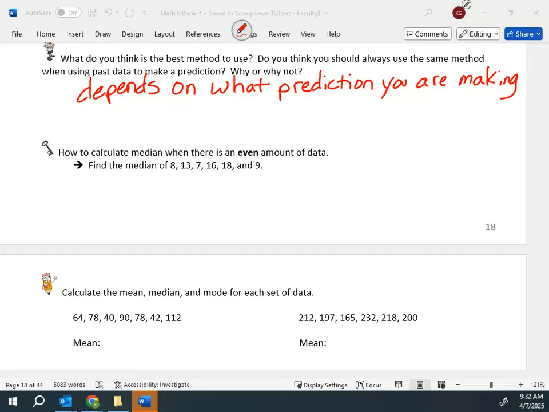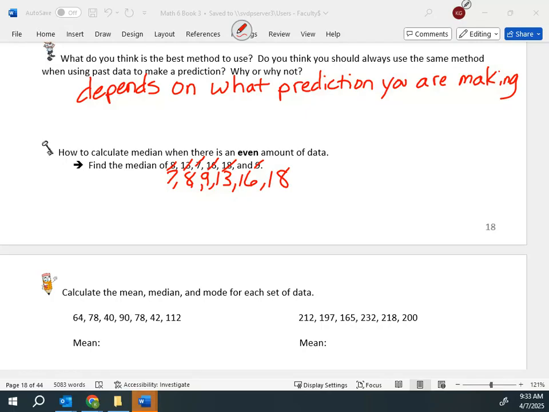So what is my first step going to be, Gemma? What did you do first? Put them in order. So our first number is 7. Then we have 8, then 9, 13, 16, and 18.